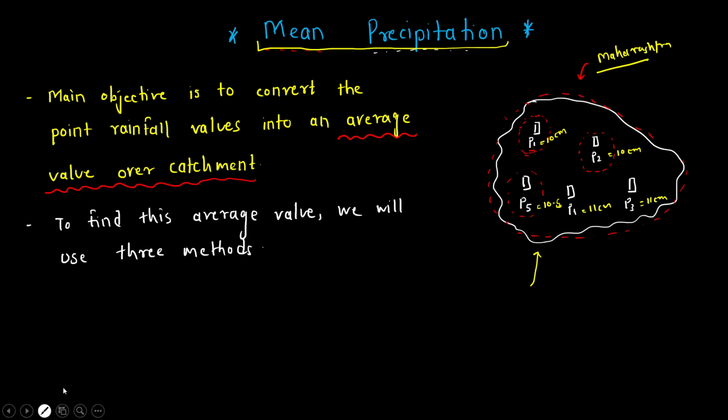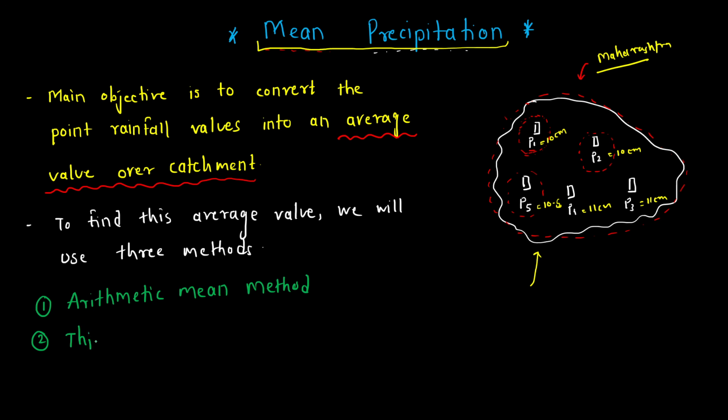Now what are the 3 methods? The first method is the easiest method, called the arithmetic mean method. The second method is somewhat more accurate than the arithmetic mean method, and it is called the Thiessen polygon method.